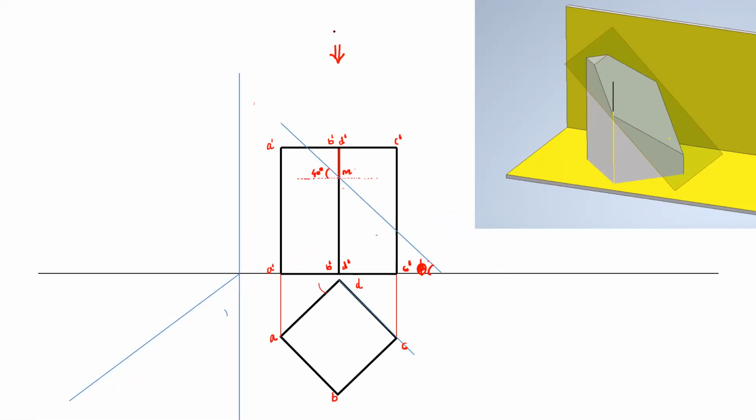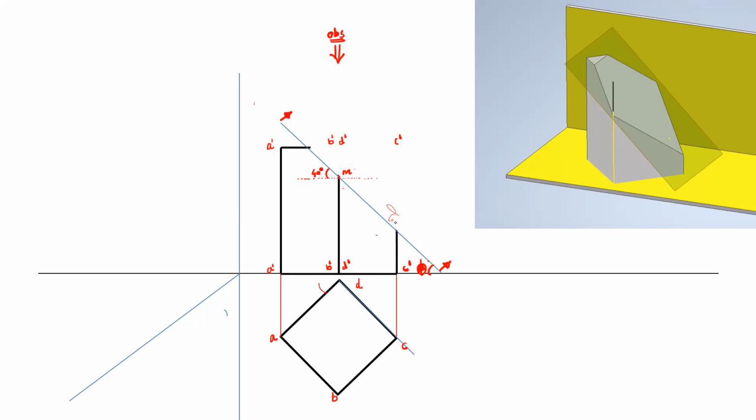So this is the observer, and we will remove this portion. Show these arrowheads, which represent the direction in which we will remove the portion of the prism. So this is the portion which is to be removed.